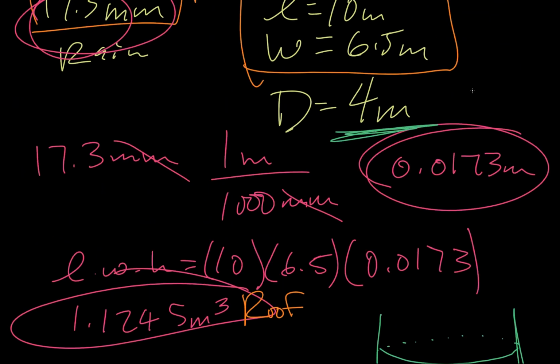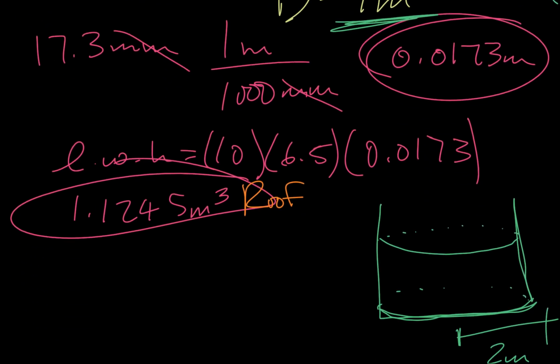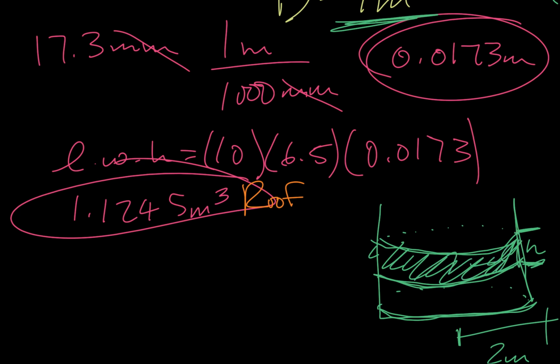The diameter was 4, so the radius is 2. And we want to know how much the height changes. Is that what they asked for? By how many millimeters does the water level in the tank rise? Yeah. So essentially there was some height to start with, and we want to know the change because of the rain. So we're essentially looking at this water and just want to know the height from here to here.